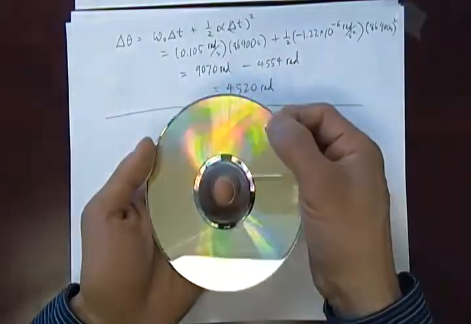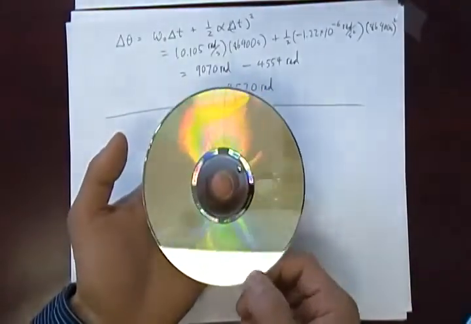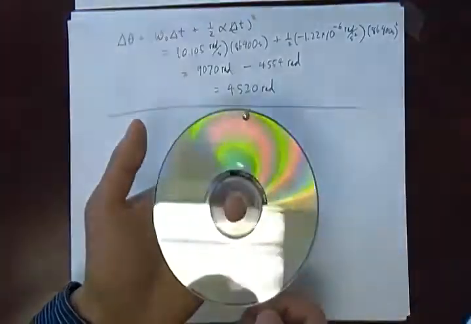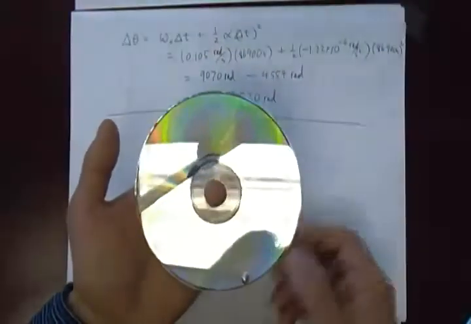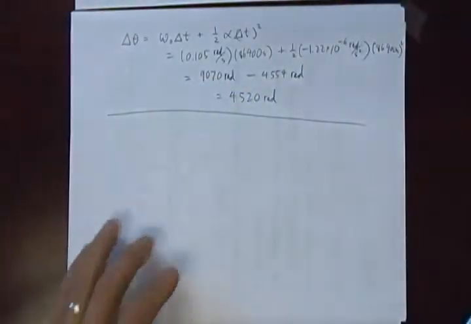If the object is very close in, then it's not going very fast at all. But if it's way out on the edge, at a large radius, for a given rotational speed, it goes much faster. So let's work this out.